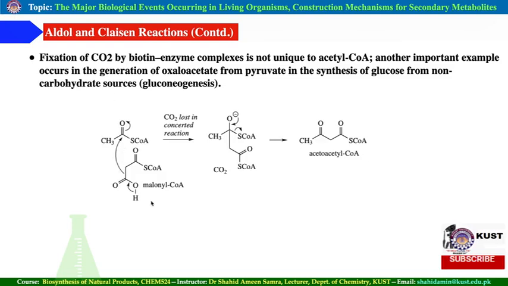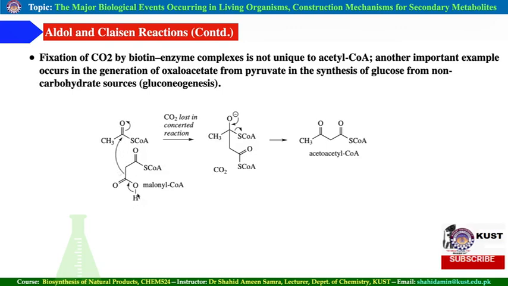In this process we have malonyl coenzyme A, and as we discussed, this is activated. So of the two hydrogens that are here, one will be detached as a proton, and the electron density can attack this carbon that is partially positive.